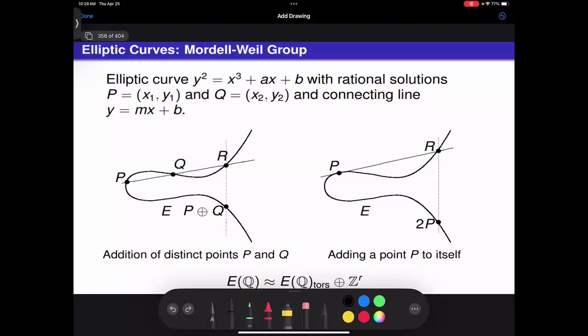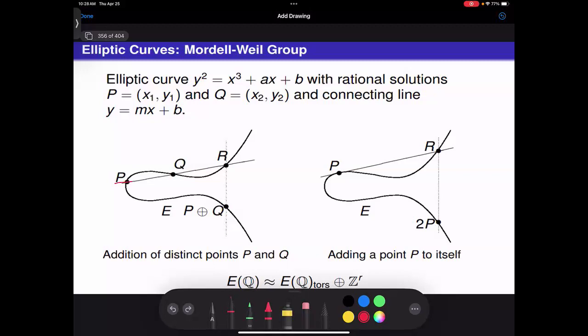It turns out that you can put a group on the set of rational pairs that satisfy the elliptic curve equation. So imagine P and Q are 2 points on the elliptic curve with rational coordinates. I can draw the line connecting them.